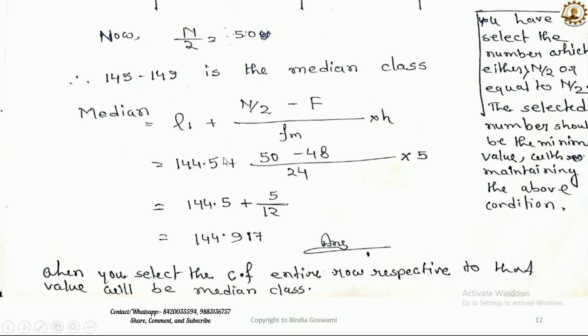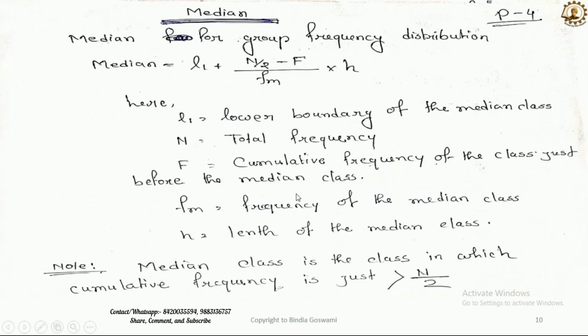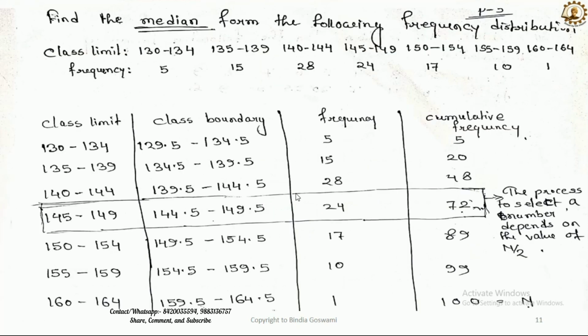So L1 is 144.5 and n by 2 is 50. F is 48, because we know that F is the cumulative frequency of the class just before the median class. Here the median class cumulative frequency is 72 and the preceding number is 48.